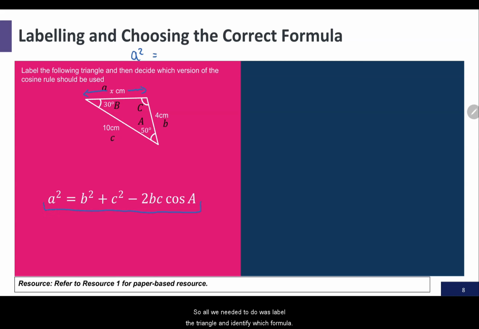So all we needed to do was label the triangle and identify which formula.